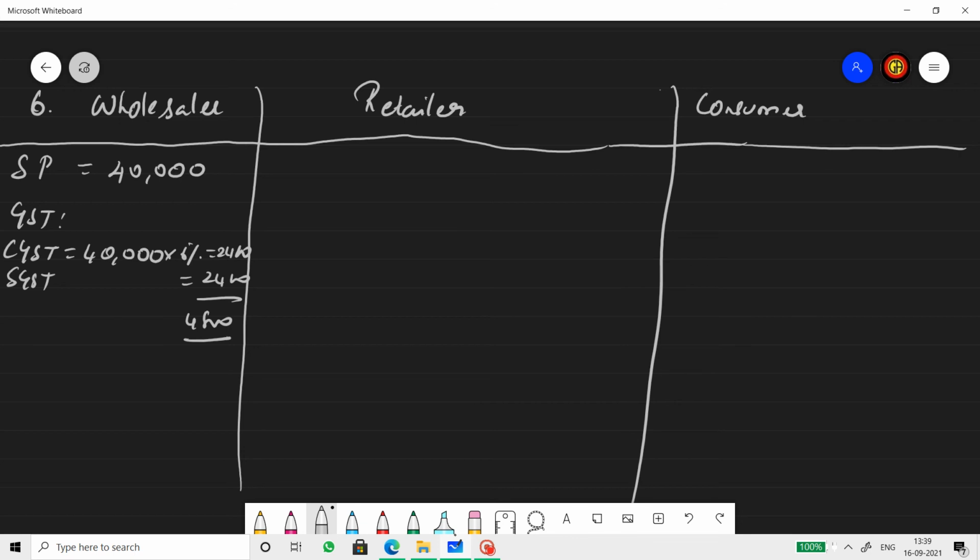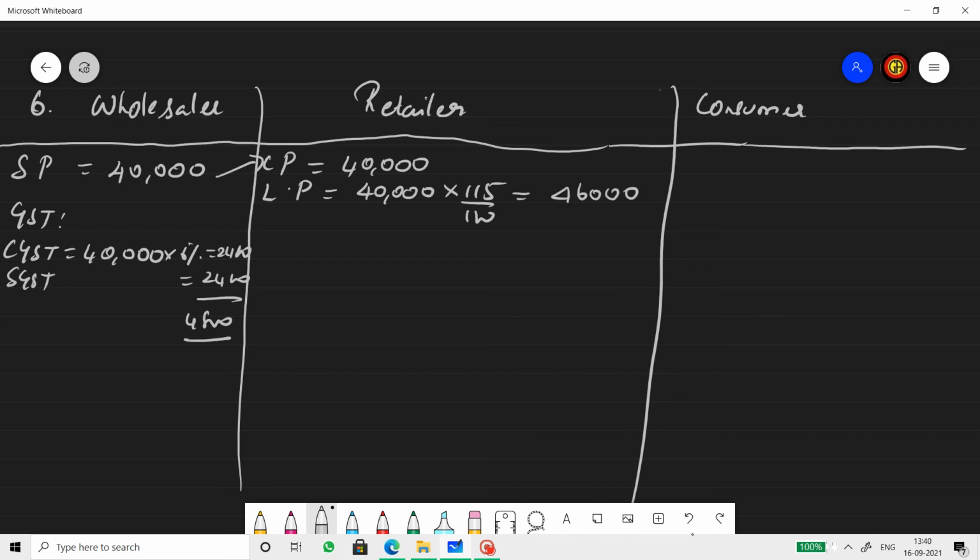Now when it comes to the retailer, the cost price of the retailer is the selling price of the wholesaler, which is 40,000. Now here the retailer lists the product, list price or mark price, which is 15% above the cost price. So 40,000 into 115 by 100, which works out to 46,000.